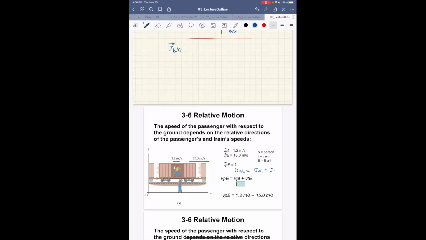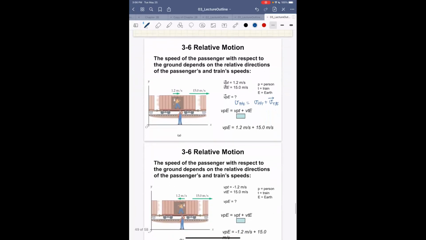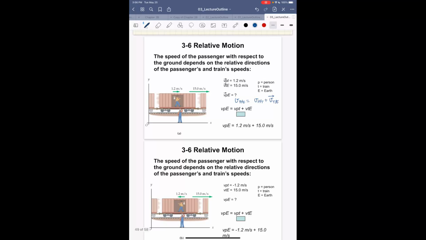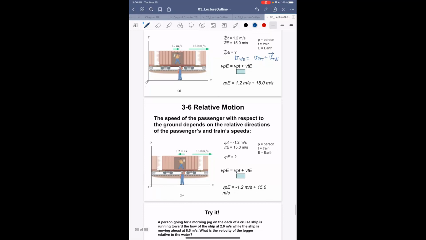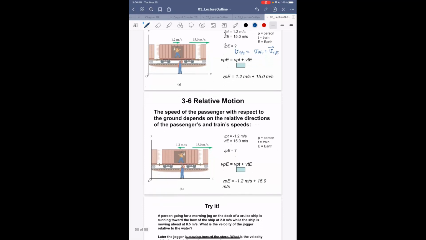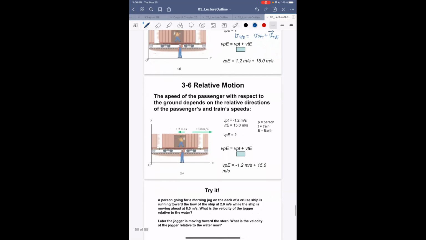And this is the velocity of the train with respect to the ground or the earth. But I prefer to use the ground. As I said, it depends on the relative directions. If I have them in the same direction, I'm going to add. If I have them in opposite directions, then I will subtract.